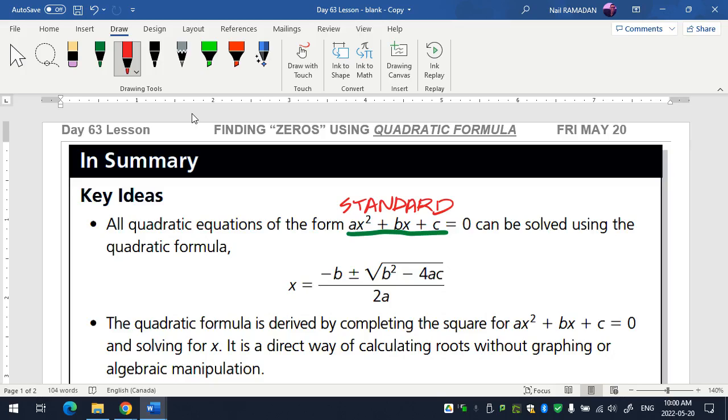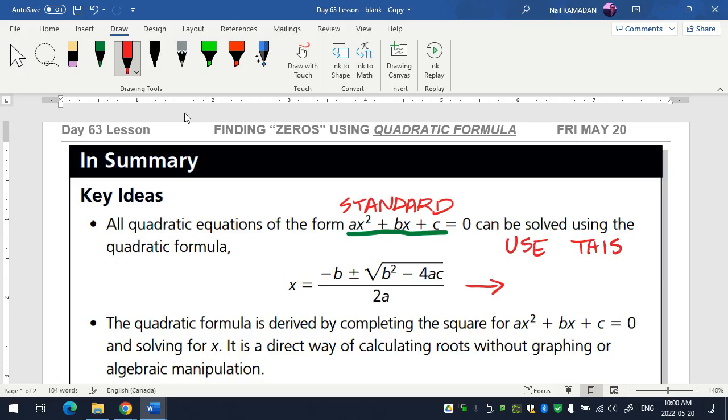I want you to write something next to this. What do you use this for? Write: use this to find x-intercepts.